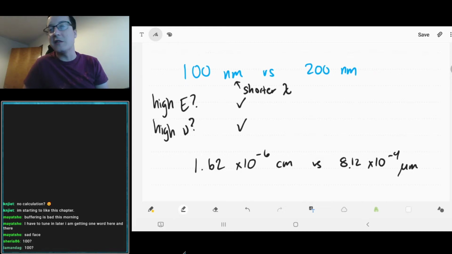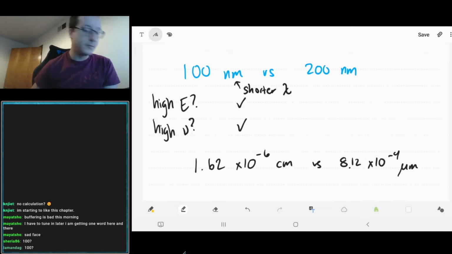That's pretty much the only thing I could do to make this more challenging. If you were to look at something like this, you would just want to get them into the same unit. And so, if we put them in meters, that's probably the easiest way to go to compare which one has higher energy.